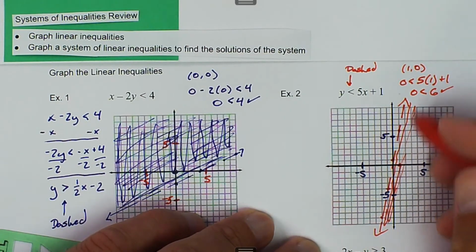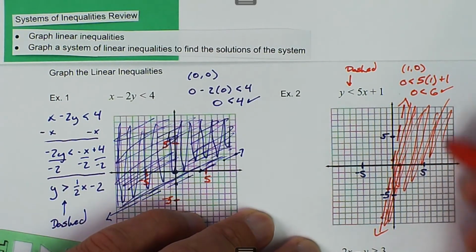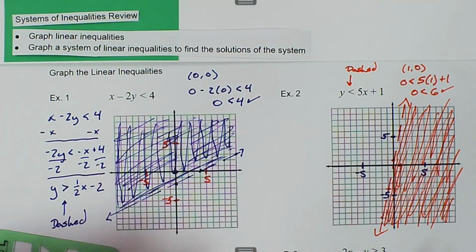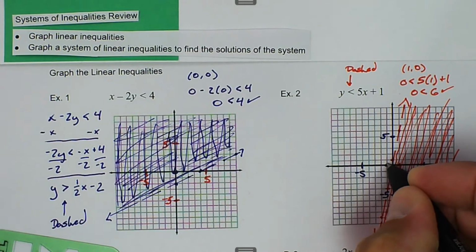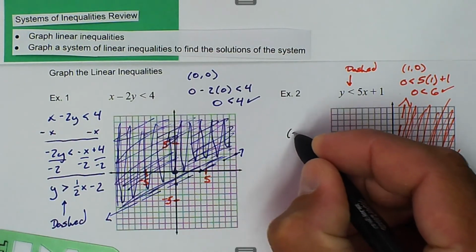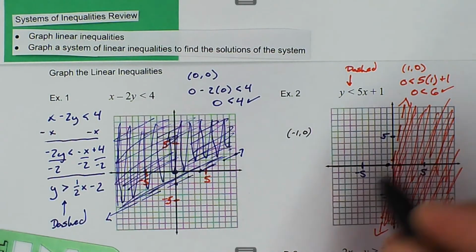So we want to shade this side over here. So this is included on the right side. Now, just to check another one, let's check -1, 0.